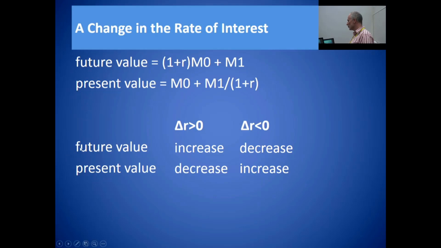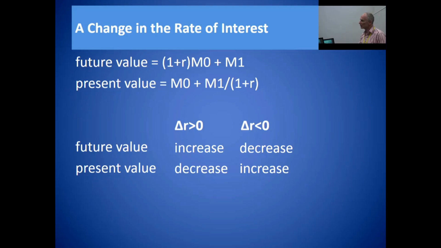The future value will fall for reduction in the rate of interest, and the present value will increase for reduction in the rate of interest. Purely the reverse of those scenarios we went through, and if the rate of interest falls, the slope does what? It becomes shallower.